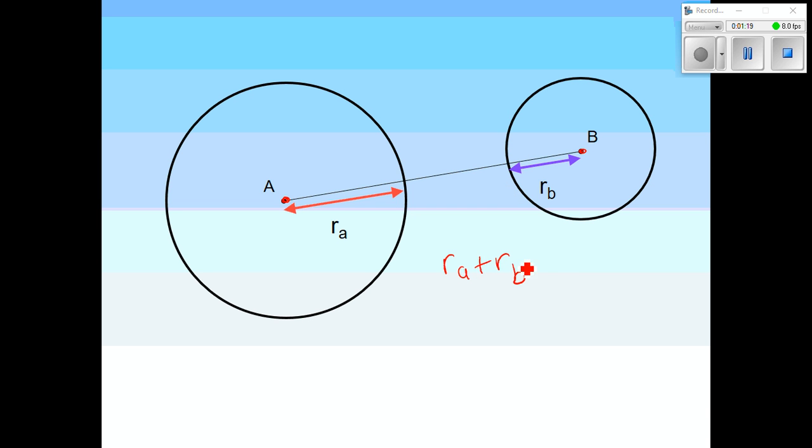So RA plus RB is less than the distance between A and B. If you find each radius, add them together, and it's less than the overall distance between the two centres, there has to be a spare bit in the middle, and therefore they do not intersect at all. That's the first condition we're looking for.